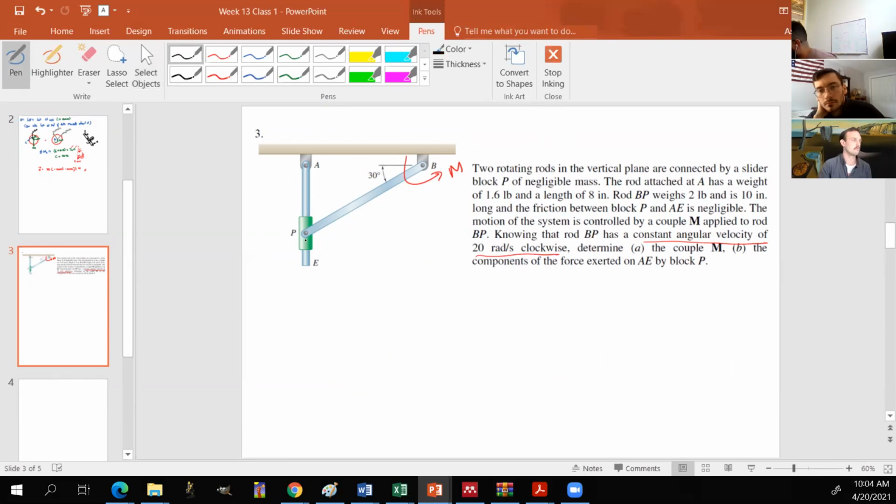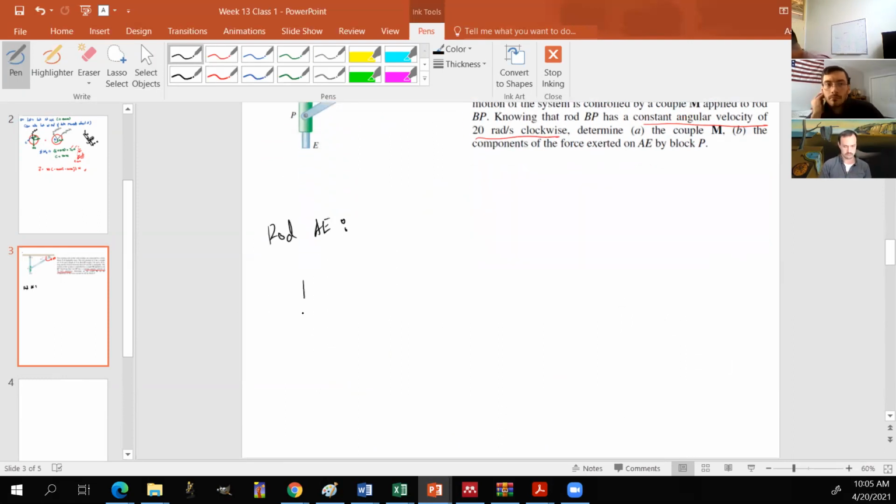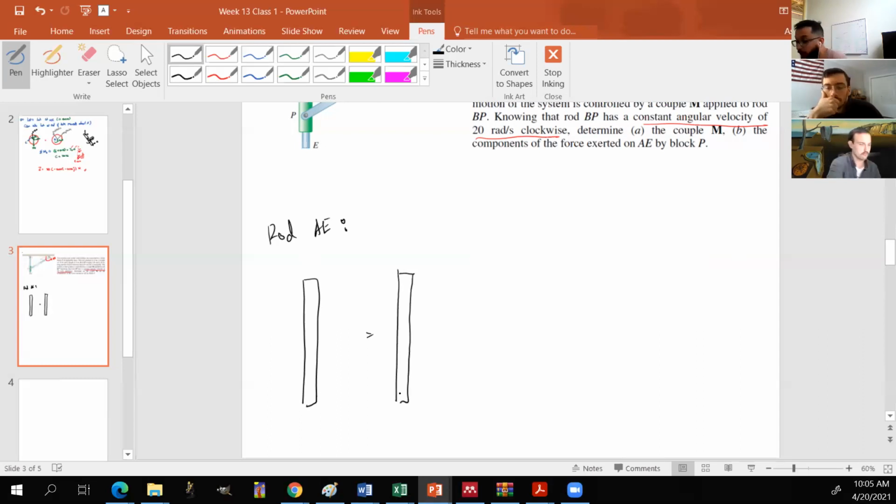So looking at the free body diagram first for the rod AE, we have that rod like that. We obviously have to look at the kinetic diagram as well.